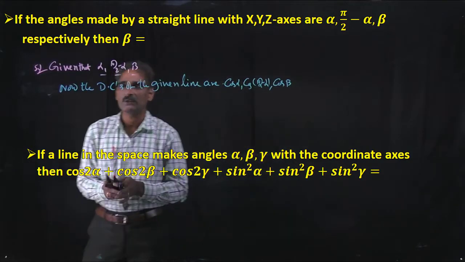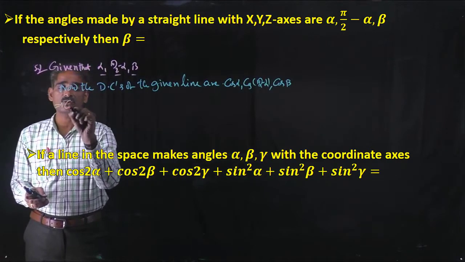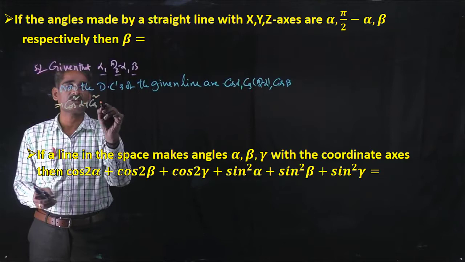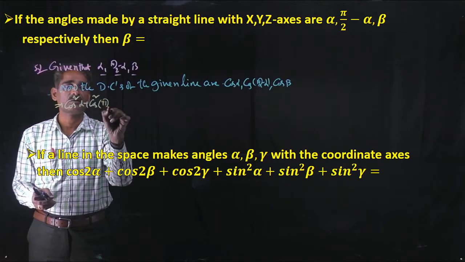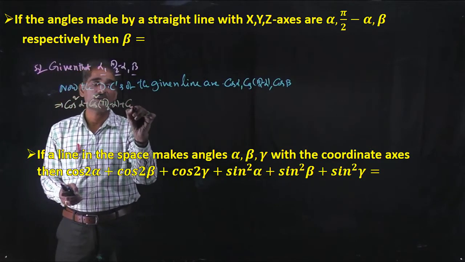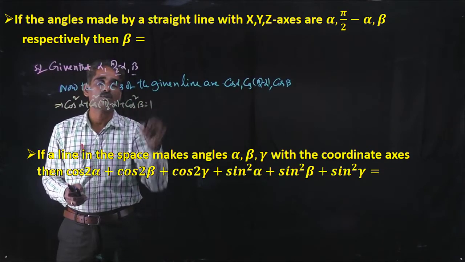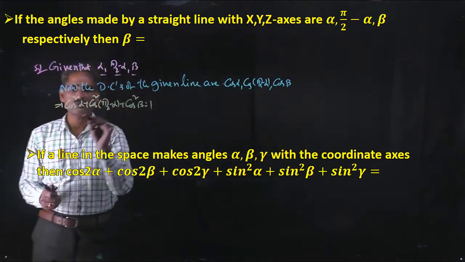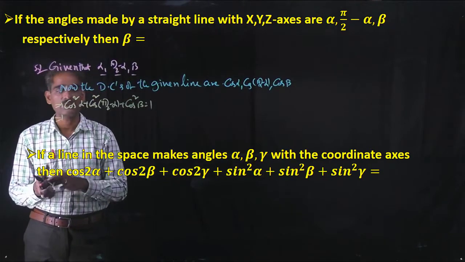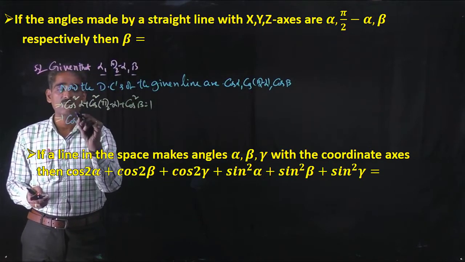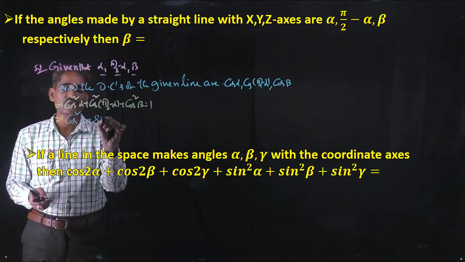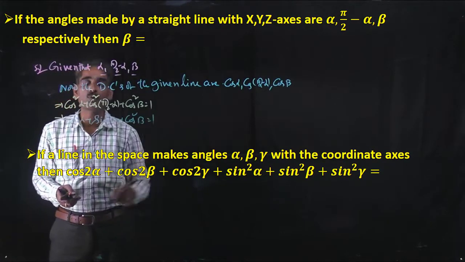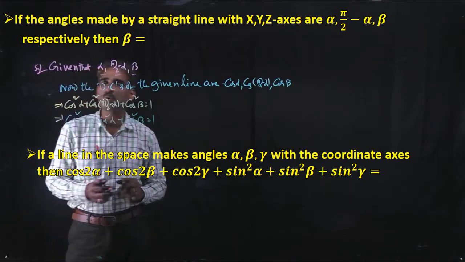Therefore, cos square alpha plus cos square of 90 minus alpha plus cos square beta is equal to 1. Here we have to find the cos square beta value. Cos square of 90 minus alpha is sin square alpha, so we get cos square alpha plus sin square alpha plus cos square beta is equal to 1. The value of the first two is equal to 1.